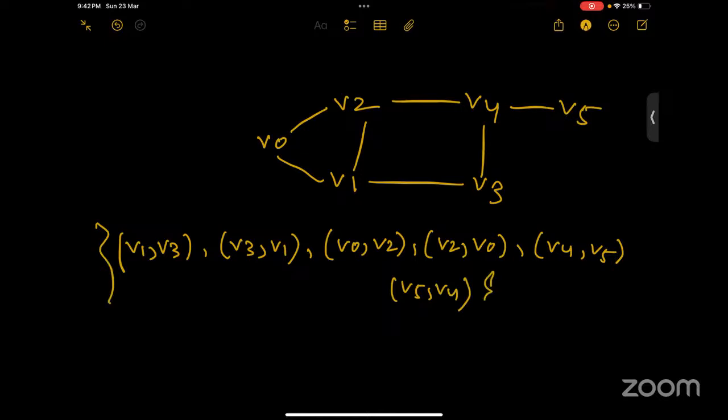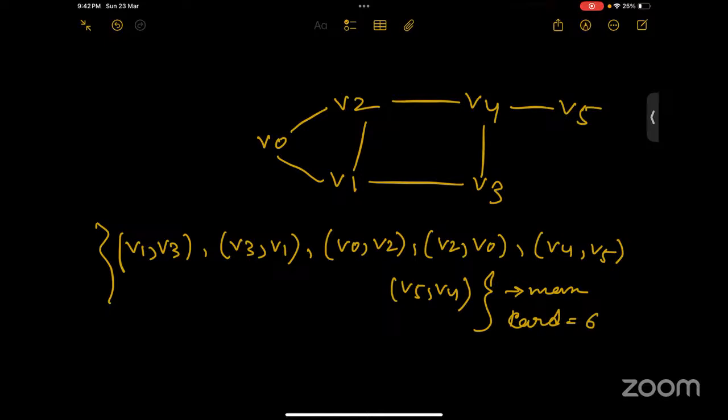So this is a maximal matching, right? Because there is no other matching with more cardinality than that. And the cardinality is 6, right? This is with reference to taking V1, V3 as a starting point.